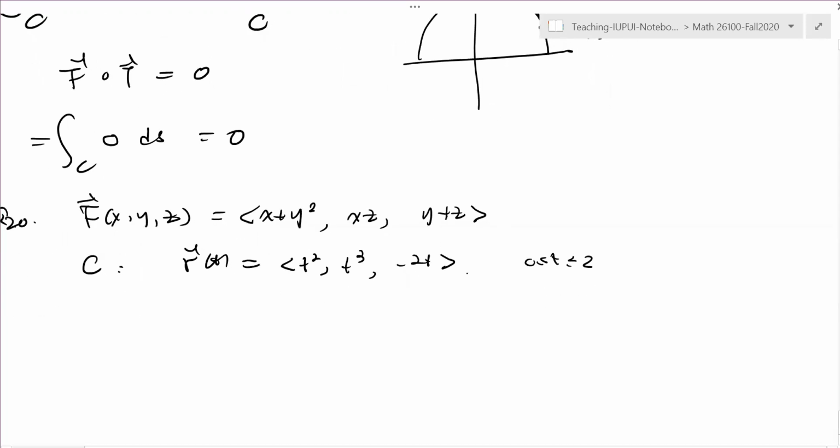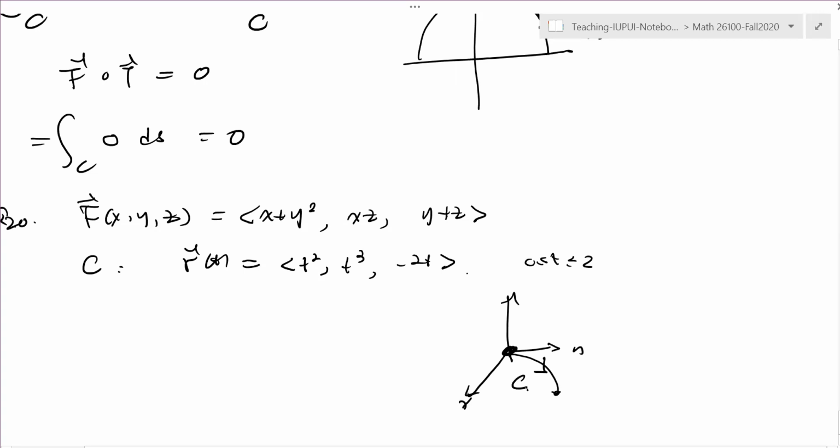You don't need to sketch the graph here, but if you want, you can mark the starting point in 3-dimensional space. When t equals 0, it's at the origin. When t equals 2, x and y are both positive, but the z component is negative. So this is C, with its starting point and end point.